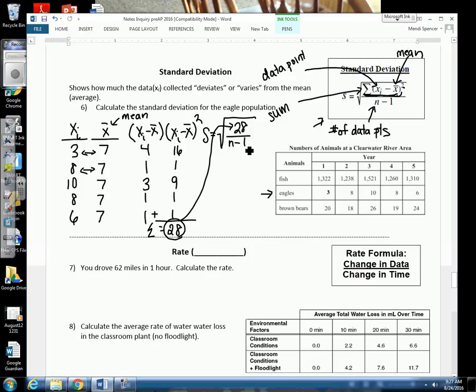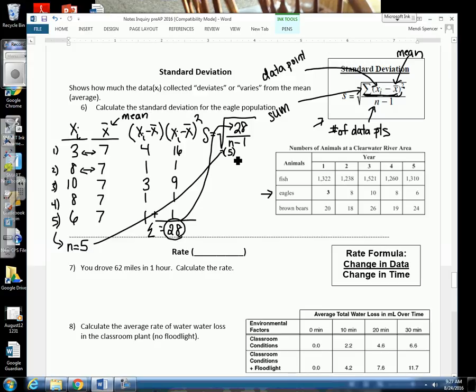Remember, n means the number of data points. For the eagles, I collected 1, 2, 3, 4, 5 data points. So this means n equals 5. I'm just going to put a 5 down here in parentheses so you understand where that number is coming from.